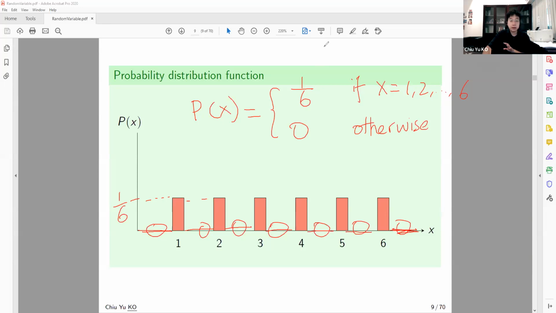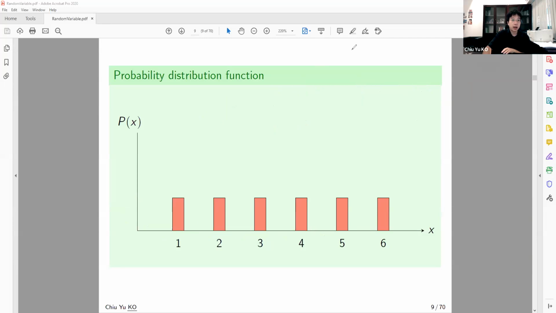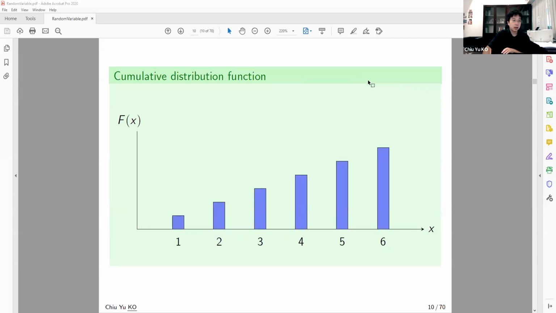Is it okay? I don't think there should be any issue by just drawing the chart. So here I have written the cumulative function, but I should be more careful. It should be something like this, as a step function.